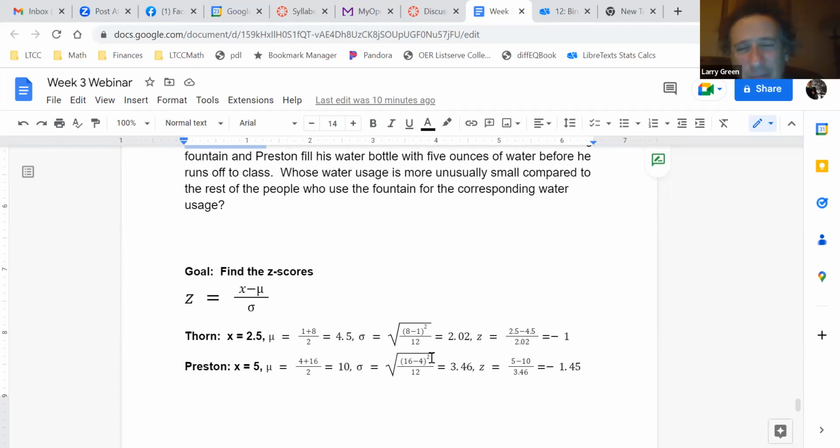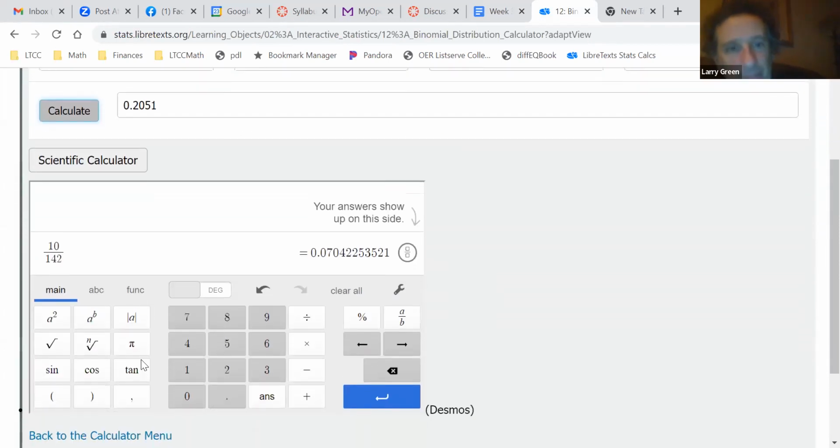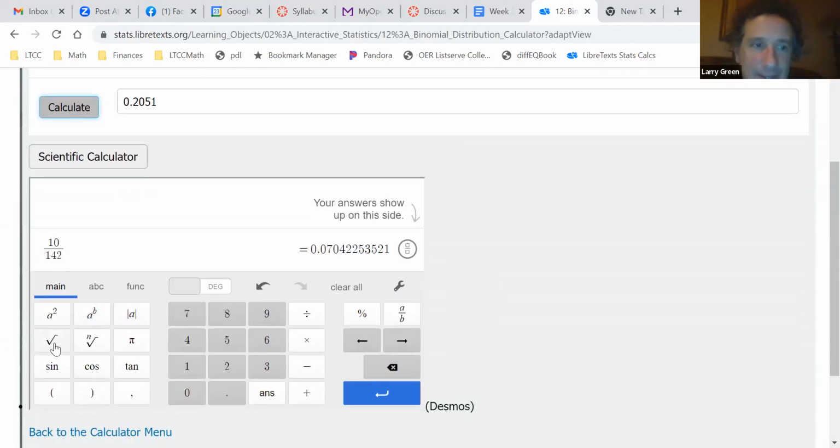I could probably do 1 decimal place in my head, but good luck. So calculators are really good for this. And I got 3.46. And again, not a fancy calculator, just any standard calculator. But again, we can always go over here and pop it in using this, and notice this has a square root button to make life easier for you.